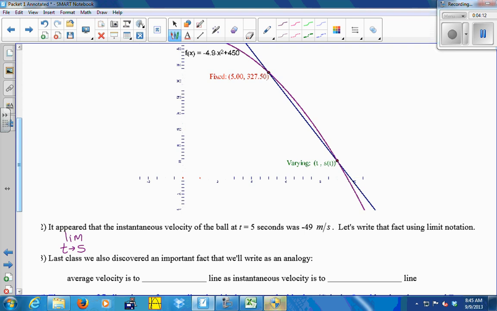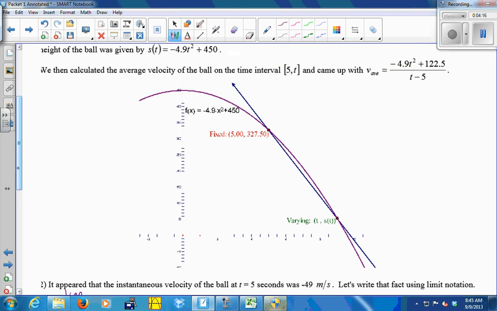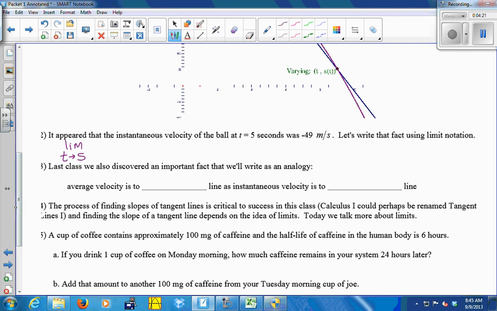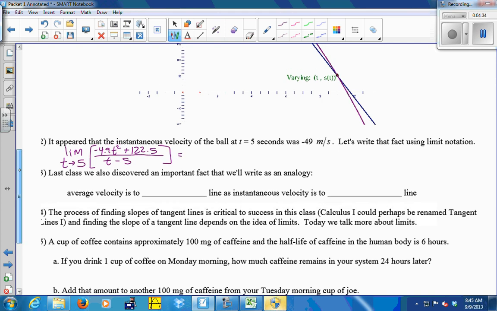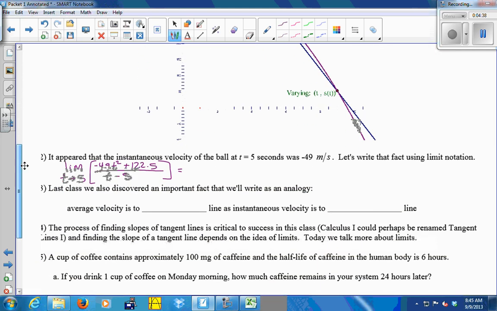So the limit as t approaches 5 of the average velocity, which we know is given by that formula up there, negative 4.9 t squared plus 122.5 over t minus 5. The limit of that expression as t gets closer and closer to 5 is negative 49. So that's our limit notation.